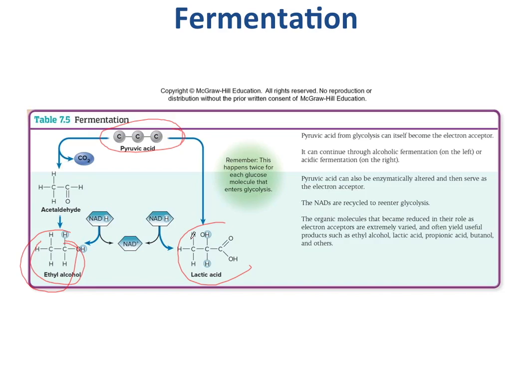These are the two molecules for the reduction, and once they accept the hydrogen ion and the electron, the energy will be released. The final products will be either alcohol or lactate.